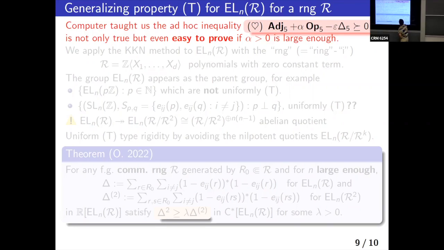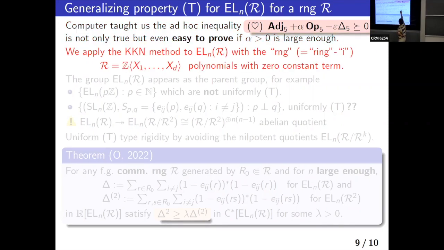But some of the combinatorics were inhumane. Perhaps we should not follow computers, right? We are not computers after all. So instead, I apply this KKN method, this inequality, to a new setting, EL_N(R), where R is a ring.